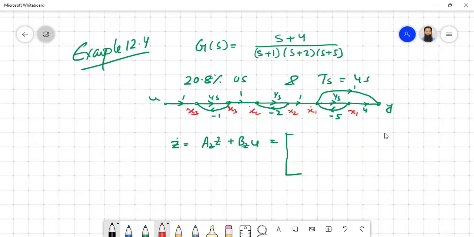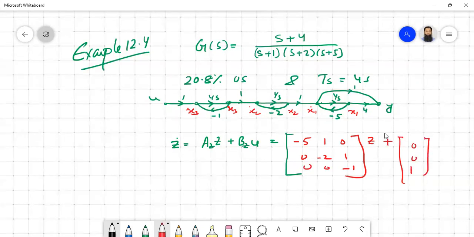So x1 dot is basically minus 5x1 plus x2, and no link with x3. x2 dot equal to minus 2 and 1, and x3 dot is only linked with minus 1 with its own state variable, and the other two are 0. This is our z plus 0, 0, 1 u.